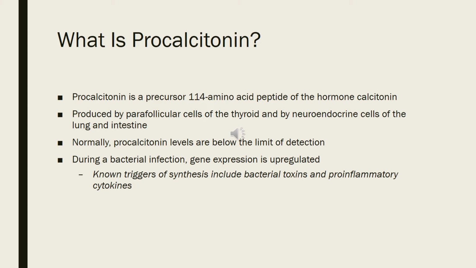So where you see them are these neuroendocrine cells, and you see them whenever there's inflammation going on or some type of infection, particularly bacterial infection. There have been studies showing that they actually don't go up as high during viral infections, but they do during bacterial infections.